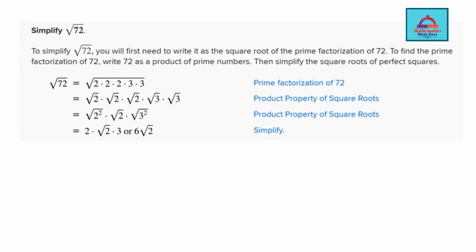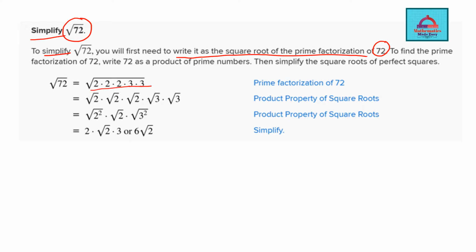As our learning objective says, to simplify square roots. The kind of question that will come in your exam would be of this form: simplify square root of 72. To simplify, you first need to write it as square root of the prime factorization. In the last slide, we've already done the prime factorization.